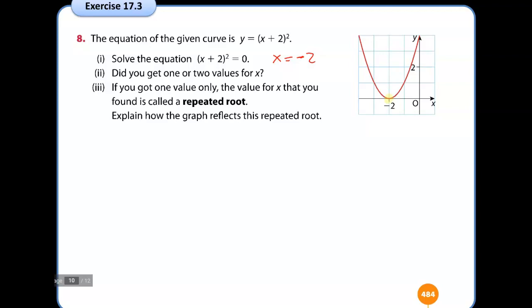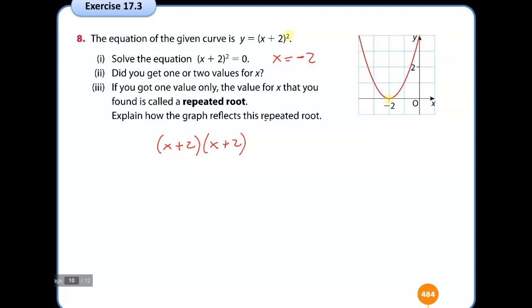Well, I suppose the graph reflects it by the fact it bounces off. It doesn't appear anywhere else. That's not what it's hinting at. In terms of why it is repeated, it goes back to the algebra, in the fact that you've got a function that has been squared, i.e. what you have is x plus 2 multiplied by itself.